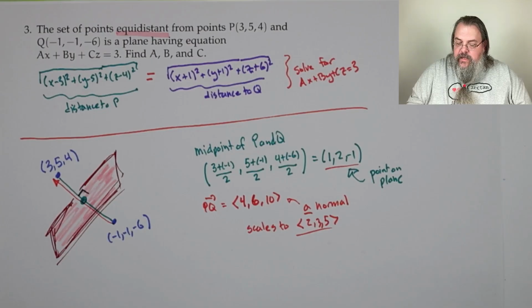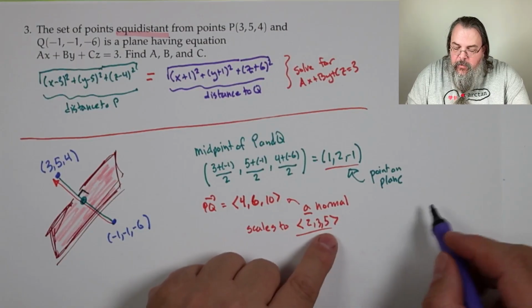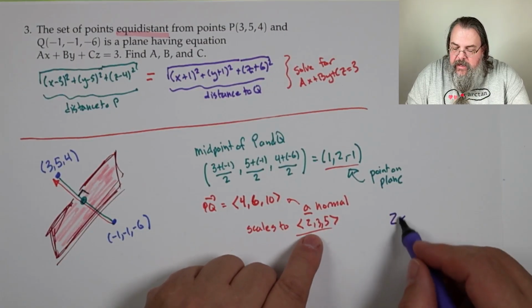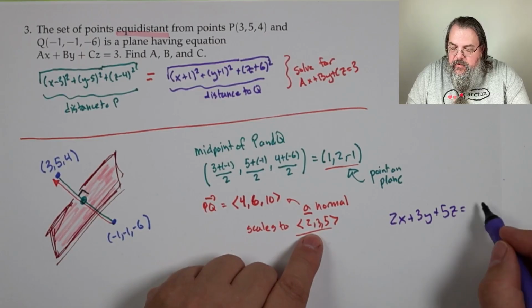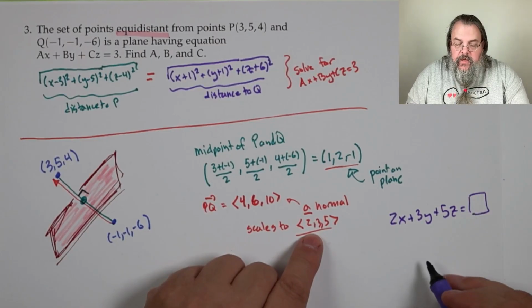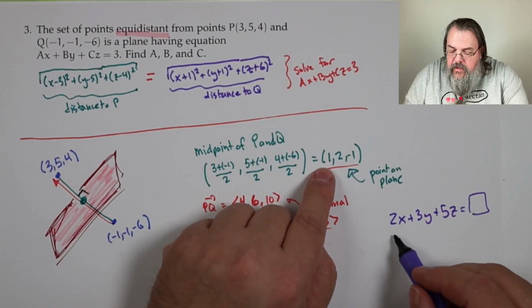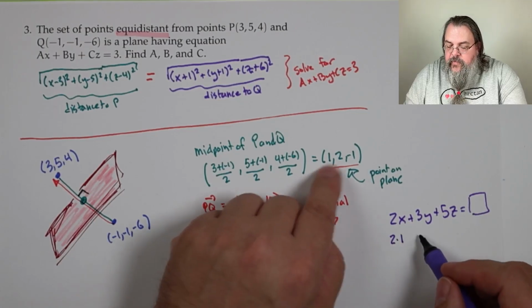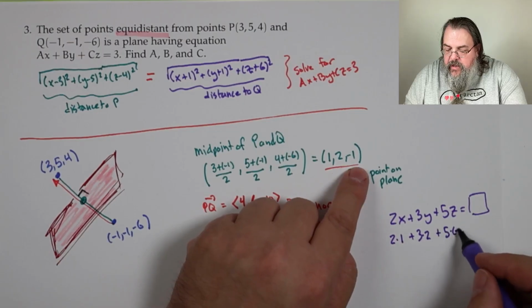And okay, so what do we have? Well, this gives us our coefficients for x, y, z. So 2x plus 3y plus 5z equals something. Now, what's the something? Okay, so we'll put it in. 2 times 1 plus 3 times 2 plus 5 times -1.